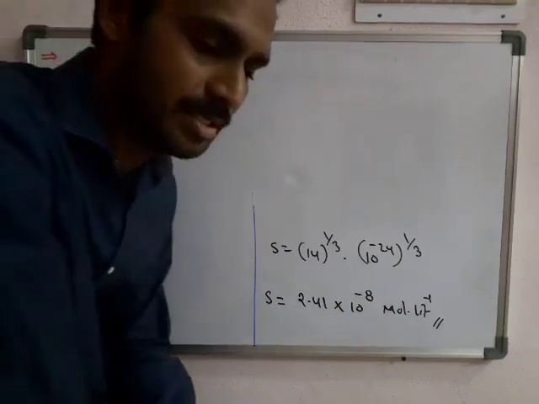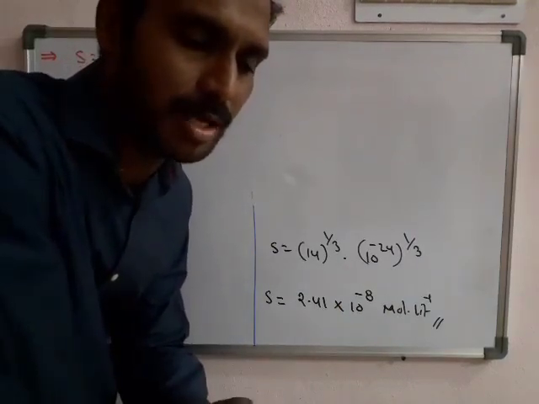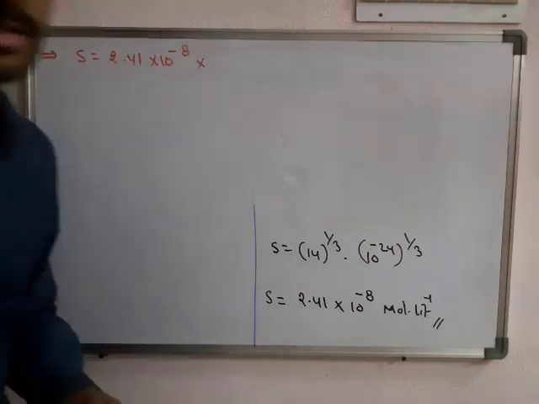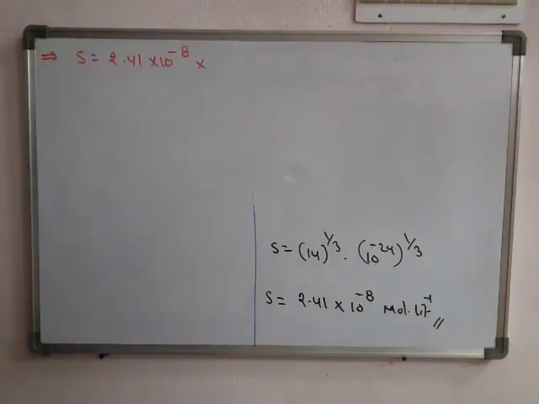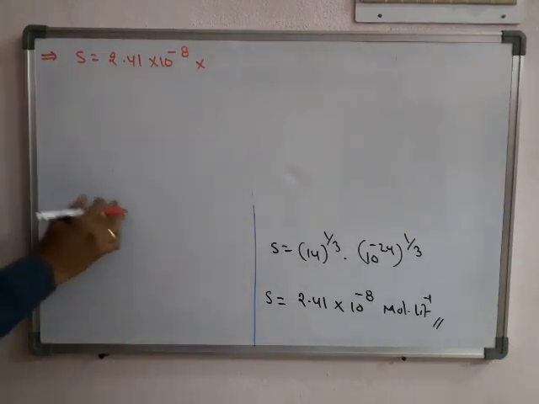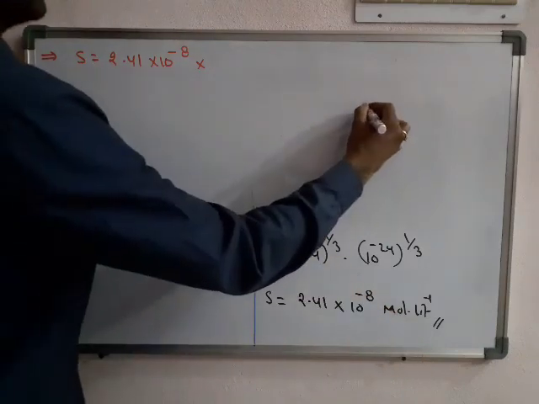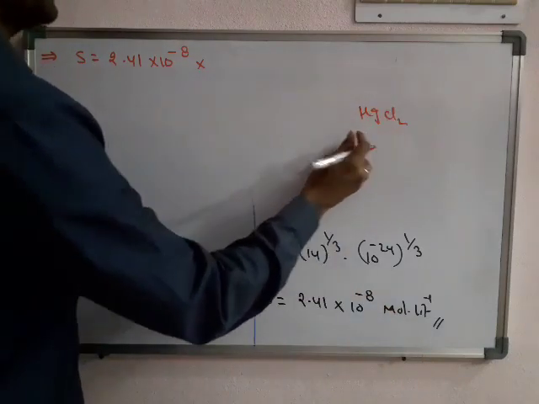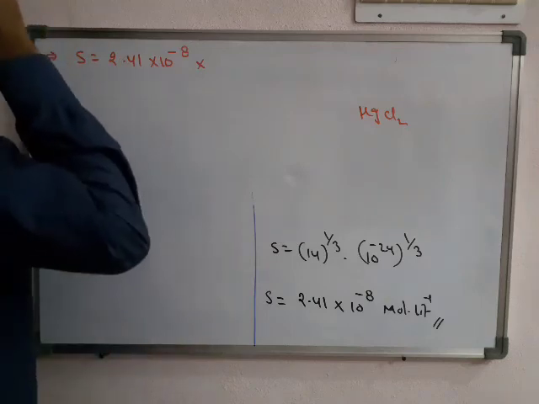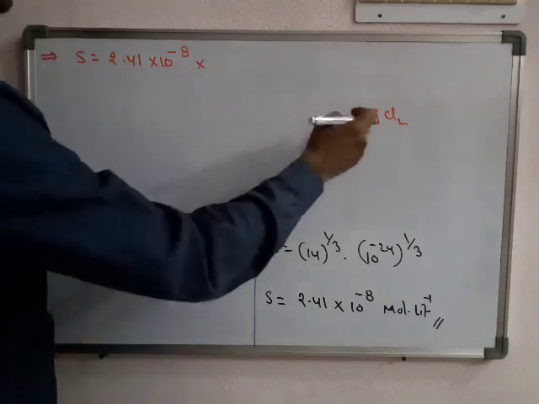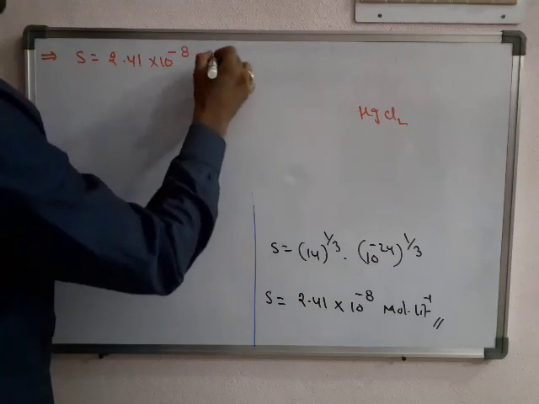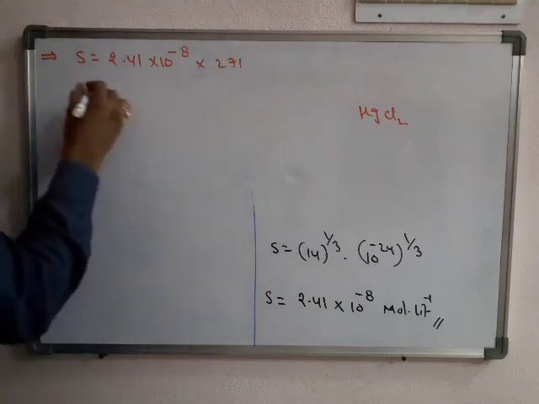So for HgCl2, the molecular mass of mercury is generally taken as 200. Mole means in terms of mass, the molecular weight. So what is the molecular weight of HgCl2? Hg is there only once, so approximately 200, plus 71, so 271.